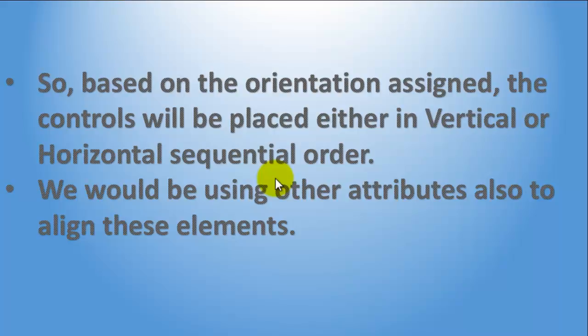Okay, what are they? I'm going to use some other attributes which can be applicable for other layouts too, which means you can use these attributes in other layouts and also in controls. So what are those attributes?